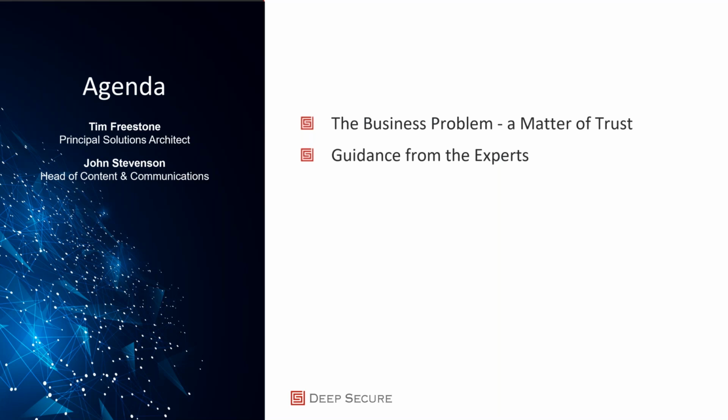Now, there's some good news here in that there are some best practice recommendations, some official guidance, if you will, for addressing the issue of cross-domain security and data exchange between trusted and untrusted. So we'll start by having a look at them and how Deep Secure has made it possible for organizations who want to implement that best practice to do so practically and cost effectively.